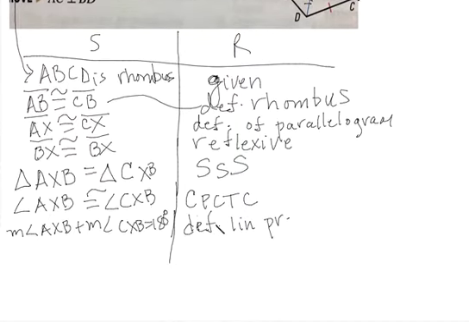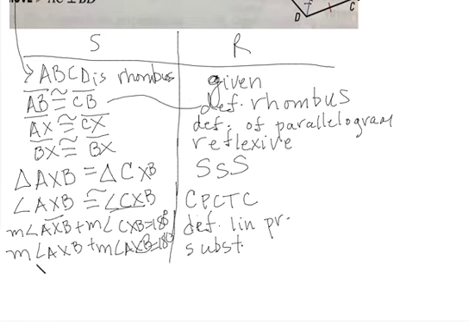And then I can do the substitution: the measure of angle AXB plus the measure of angle AXB equals 180, because I said up here that they're congruent, I'm substituting that in. The paragraph proof doesn't go into all this, but that's basically what they're doing. So 2 times the measure of angle AXB equals 180, by the distributive property.